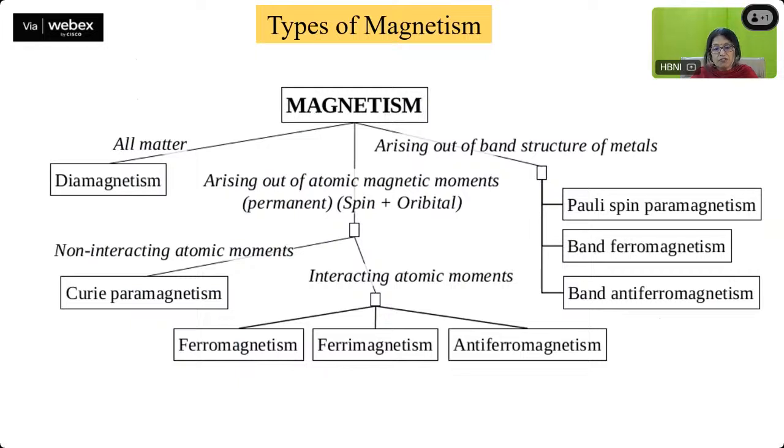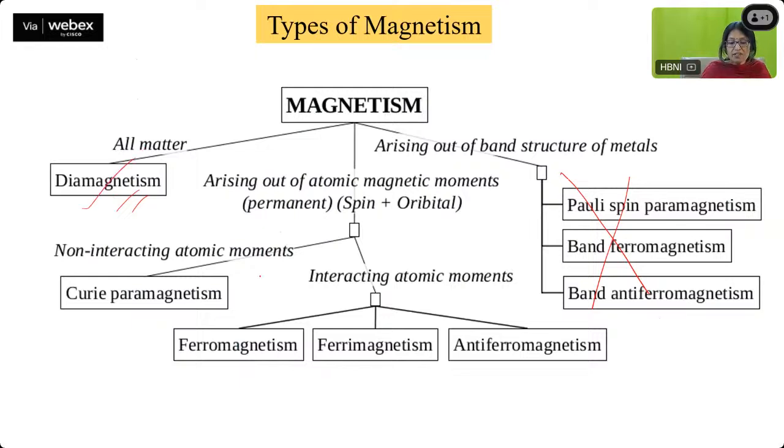So if you have the types of magnetism, all matter shows something which is known as diamagnetism. Then you have something which is arising out of the band structure of metals, among which you will find Pauli spin paramagnetism, you will find band ferromagnetism, and you will find band antiferromagnetism. We will not cover this portion in detail. This we will just touch upon.